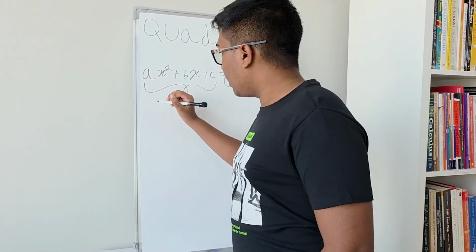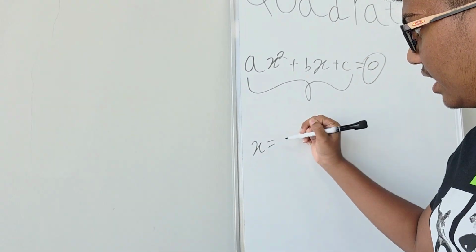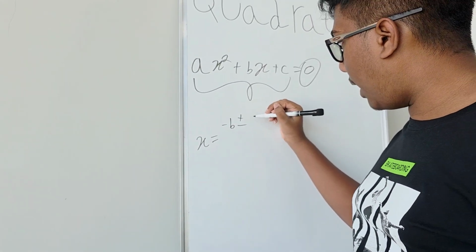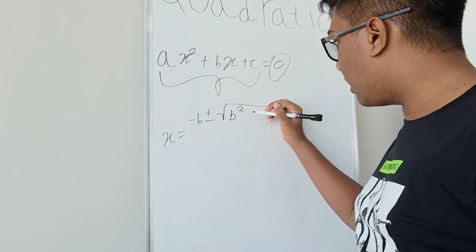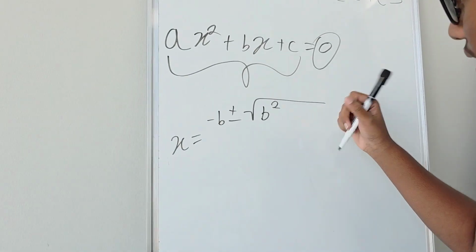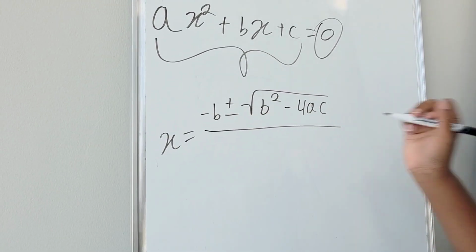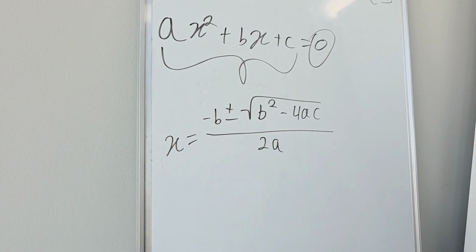Alright? So what you're supposed to do is you have to take x is equal to minus b plus or minus the square root of b squared minus 4ac, the whole divided by 2a. Now you can remember this in many different ways.